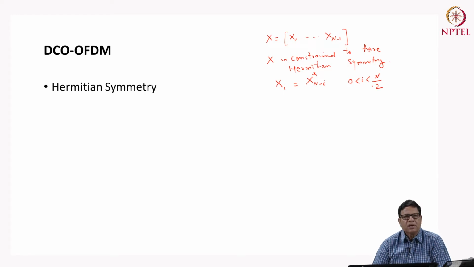So I have invoked Hermitian symmetry, that is, the first half of the symbols are carrying data, and the other half is the conjugate of this.